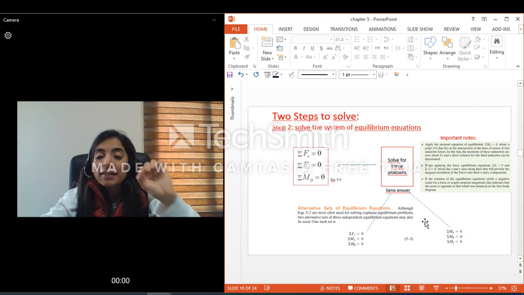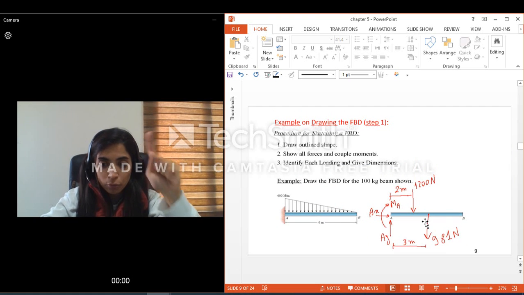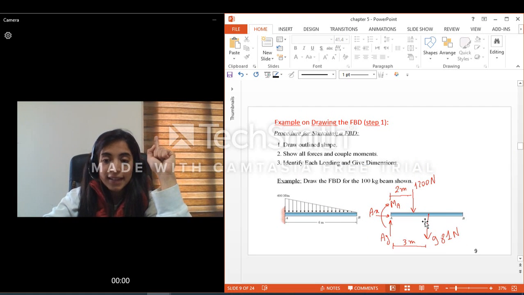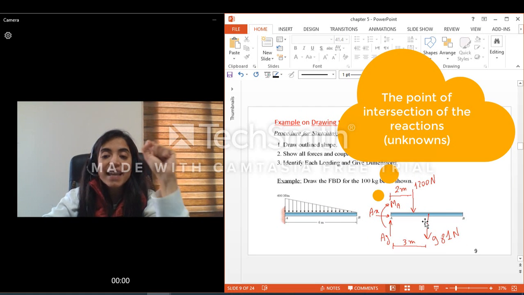It is recommended to apply this equation on one point, which is the point of intersection of two unknowns. Like this case, guys.